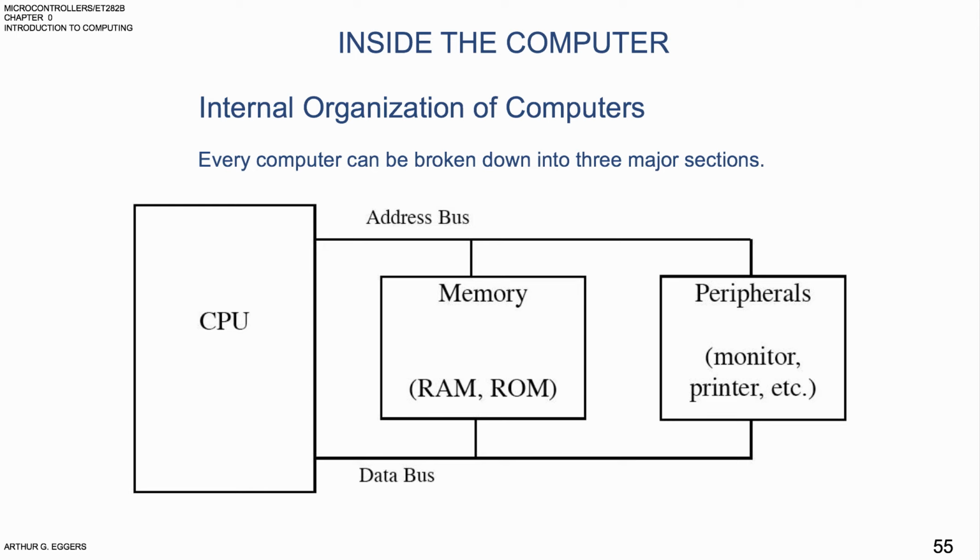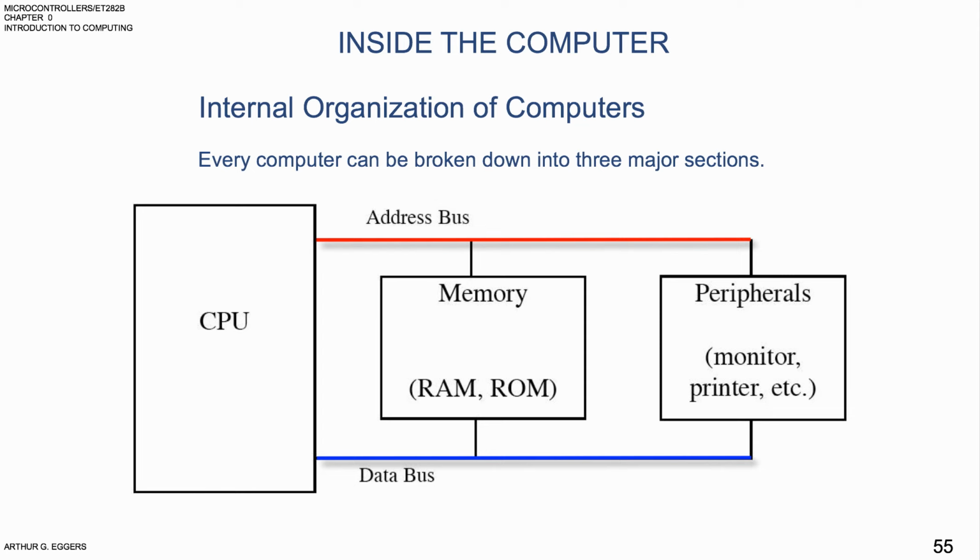The address assigned to a given device must be unique. No two devices are allowed to have the same address. The CPU puts the address, in binary of course, on the address bus, and the decoding circuit finds the device. Then the CPU uses the data bus either to get the data from the device or send data to it.